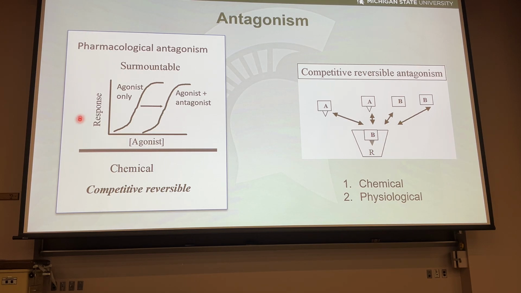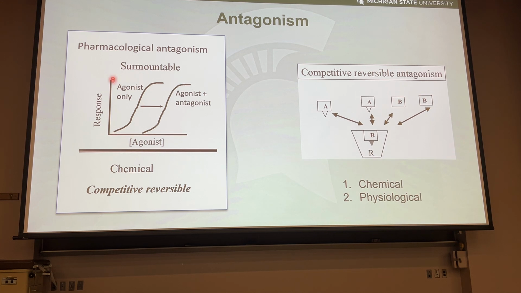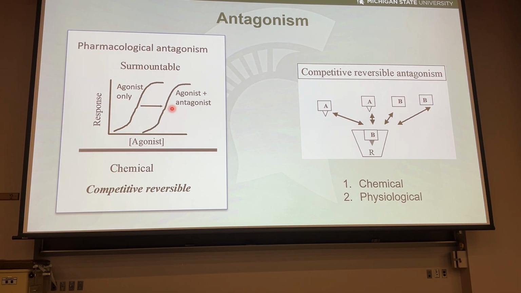So, looking at a hypothetical situation here on the left panel, we've got a dose response curve, response on Y, concentration of drug on X. When you have agonist only, we have this dose response curve we've talked about. Throw in an antagonist, and what you can see here is you right shift this plot, but you don't change the shape of it, all right?